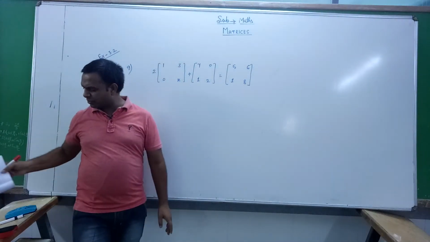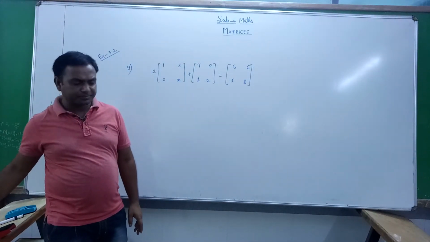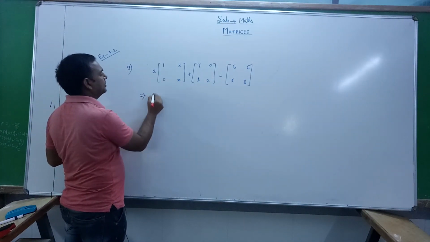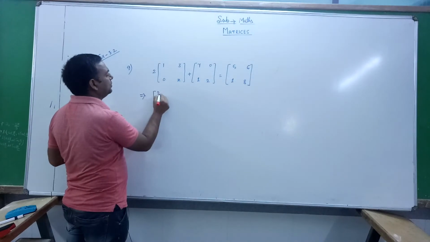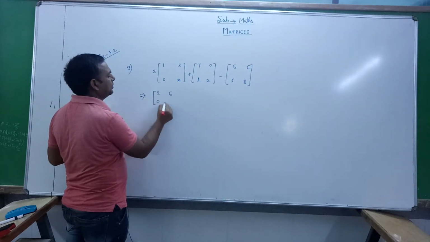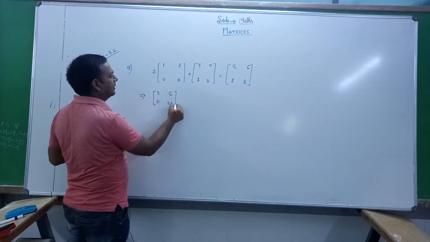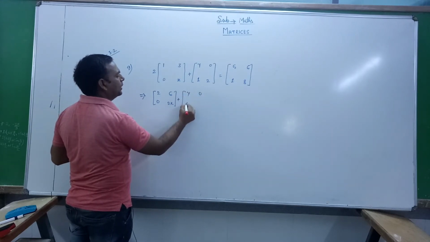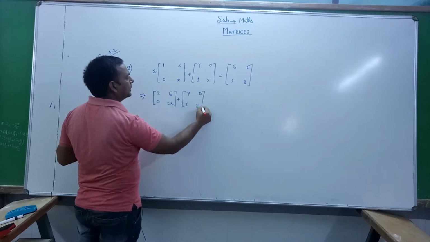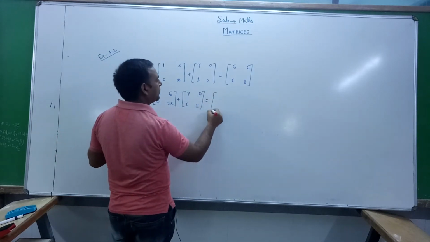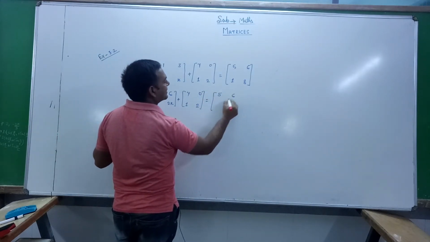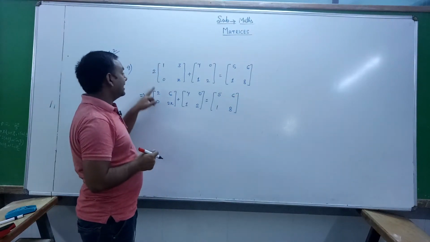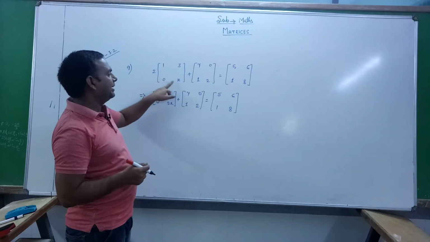As in the previous question, first I multiply by 2 this matrix. It means 2 ones are 2, 2 threes are 6, 0 and 2x, plus y, 0, 1, 2 that is equal to 5, 6, 1 and 8. Right? All of you understand? Here I multiply 2 into each element of that matrix.